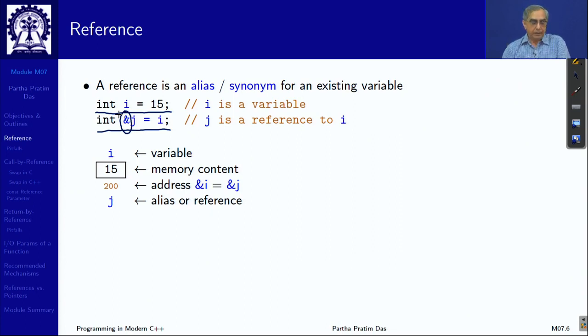If I look into this scenario in terms of the representation in memory, i is the variable, initialized with the value 15. Let us arbitrarily assume that its address is 200. j is an alias or reference to i, which means j is just another name for the same location. Therefore, if you compute the address of i and the address of j, it will be the same value 200, right. So, this is the basic idea of an alias.